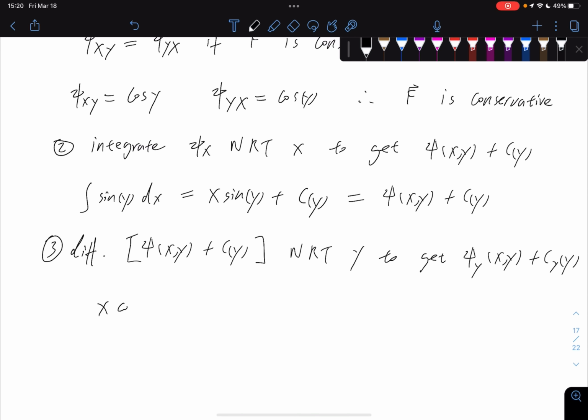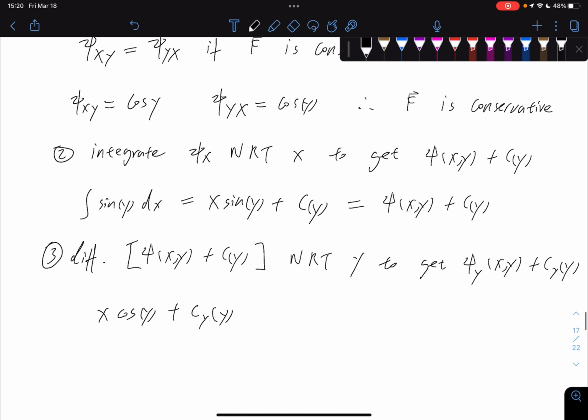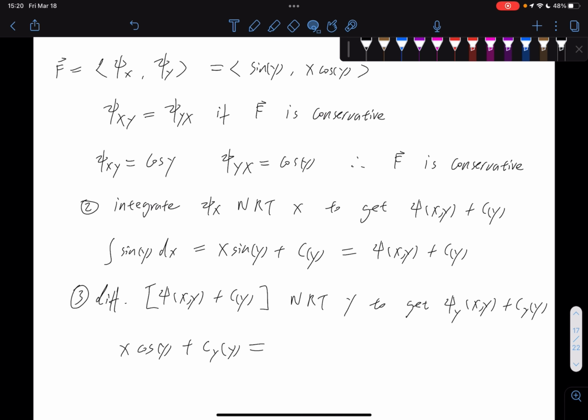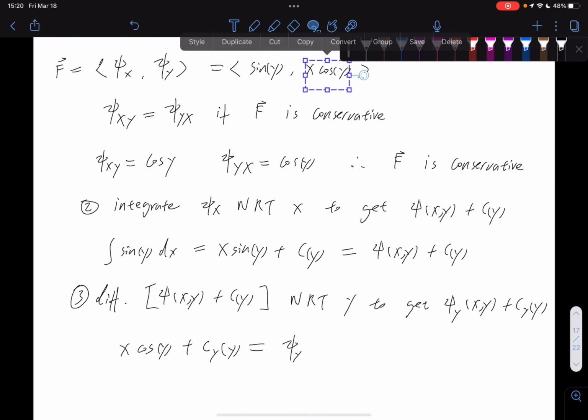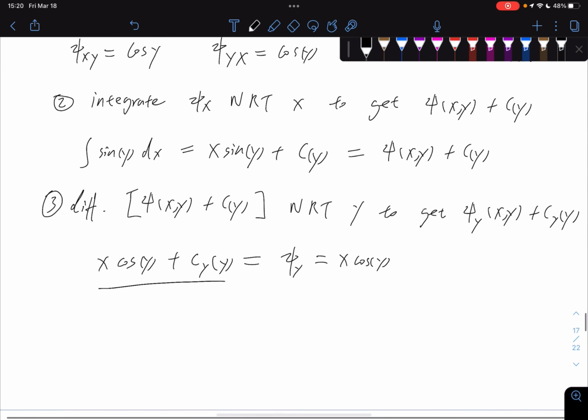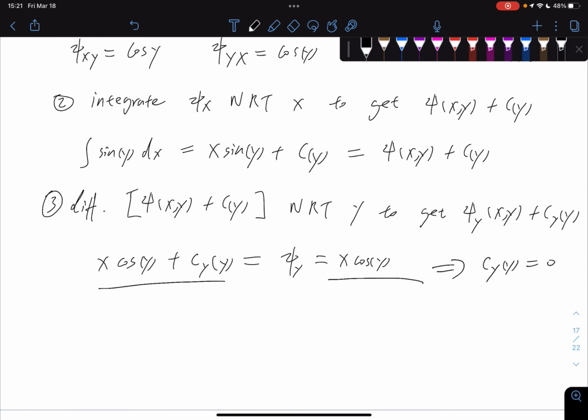That will give us x cosine y plus c prime of y. And this should equal ψy, and ψy also equals x cosine y. So by comparison between the left-hand side and the right-hand side, we can conclude that ∂c/∂y equals 0, because the rest of them equal to each other.